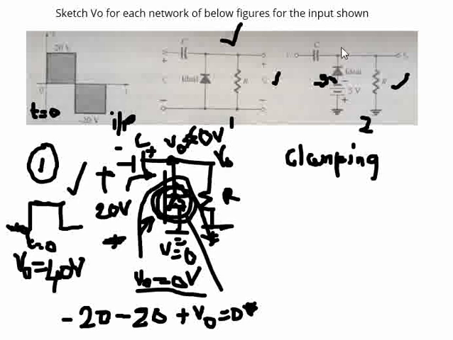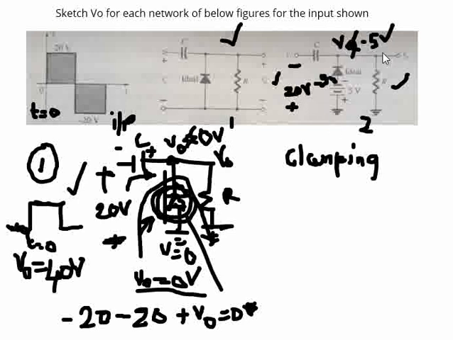Any voltage here greater than minus 5 will have this diode forward biased, because the voltage on the anode side is greater than the voltage on the cathode side. Any voltage less than minus 5 volts will have it reverse biased. It is an ideal diode, right? So for this V to be less than minus 5 volts, we have to give minus 20 volts.